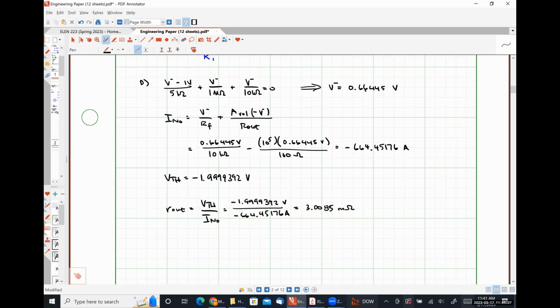But anyway, we're seeing largely that things behave much like we would have if we had used simply the ideal op amp model, okay? So unless I specifically tell you to use the practical op amp model for a negative feedback circuit, you can just use the ideal op amp model and get approximately the same result.